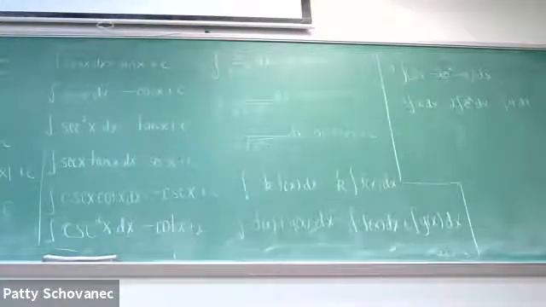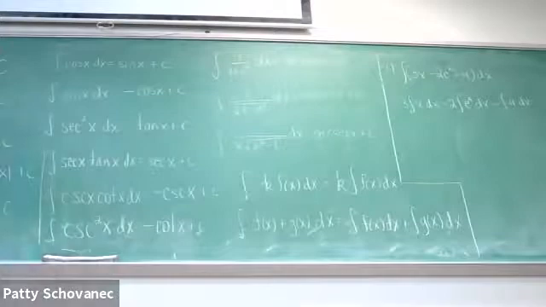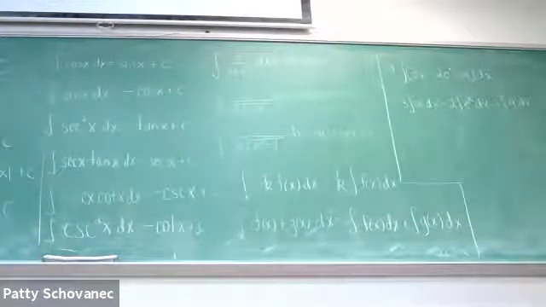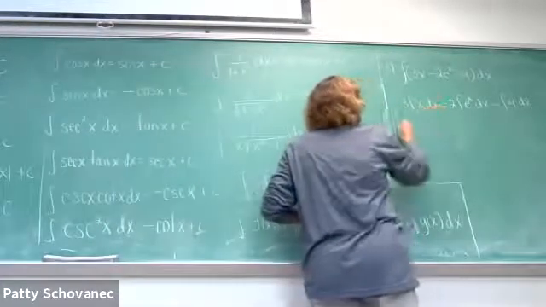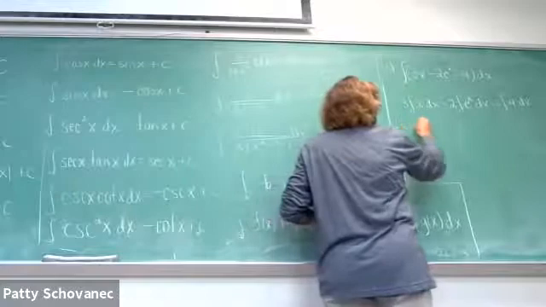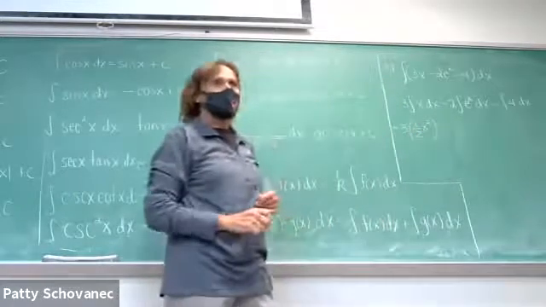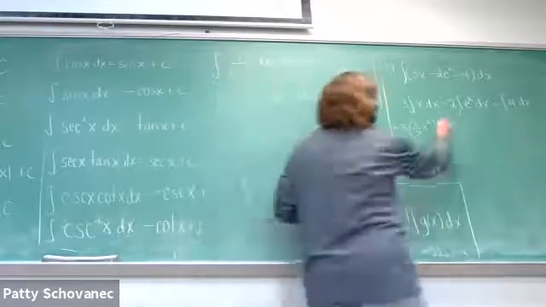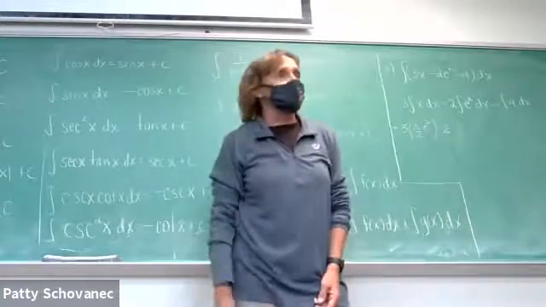All right, so over here we said that the integral of x was 1/2 x squared. We'll save the plus c for the very end. So here I have 3 times 1/2 x squared. And then here's the easy one. The derivative of e to the x is e to the x, so the integral of e to the x is e to the x.